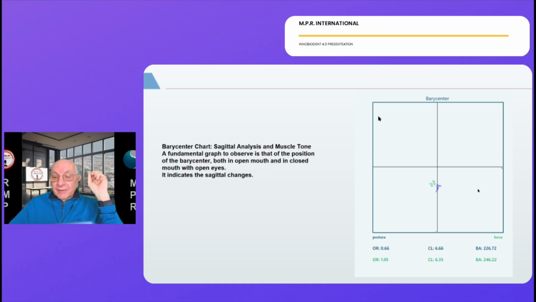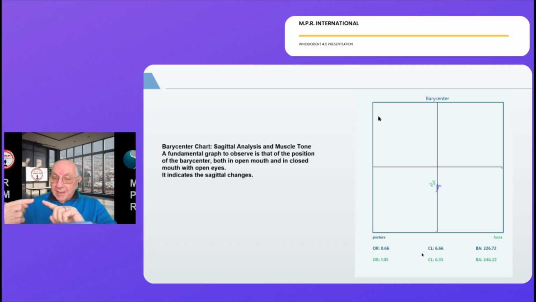This is important to analyze this barycenter area. Normally, interpreting those values and comparing the values, when we have a high vertical dimension, that is creating hyperactivity in the muscle chains of the body, and when the hyperactivity is more, this value is less.